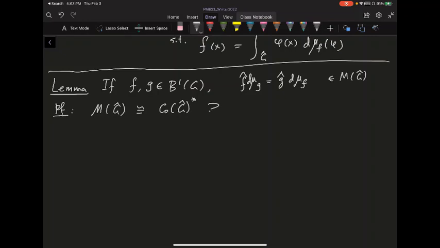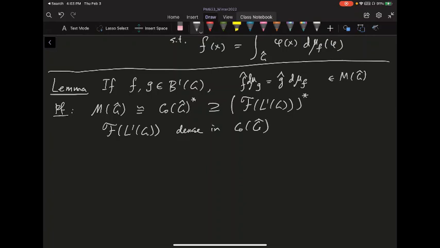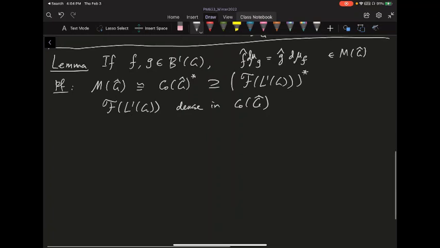So the Fourier transform of L1 of G is dense inside C0. Because of that, if I want to show two measures on M of G hat are the same, I just need to show that they integrate the same thing against any Fourier transform of some L1 function.